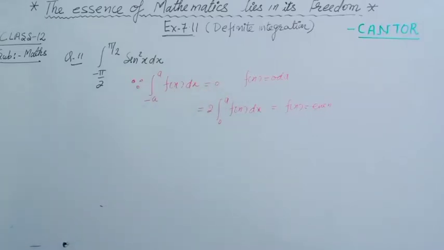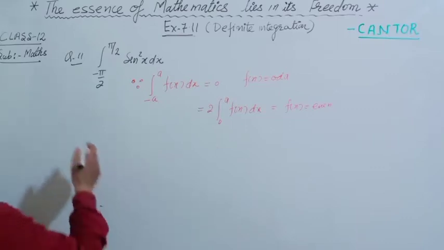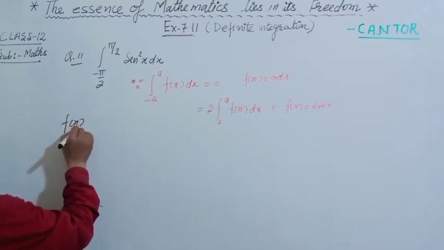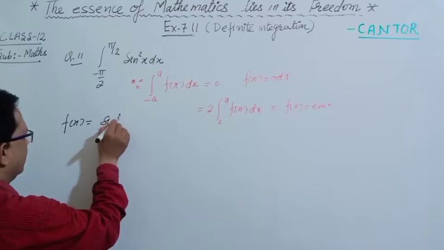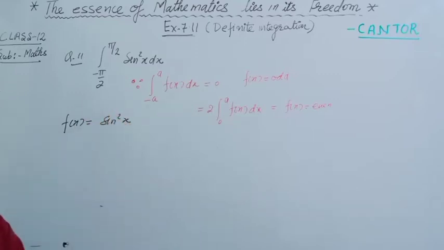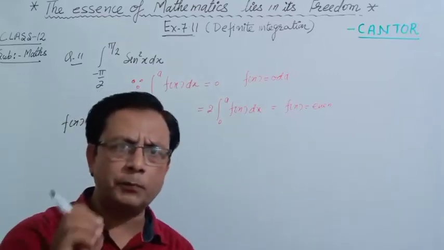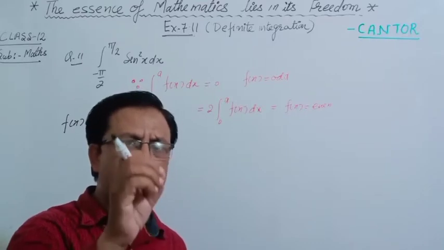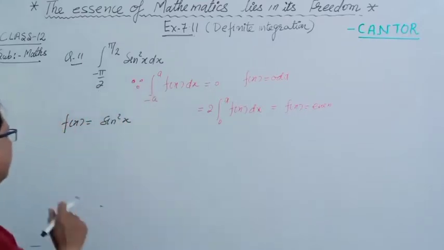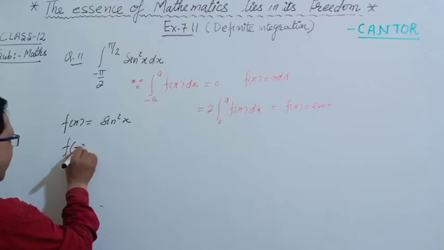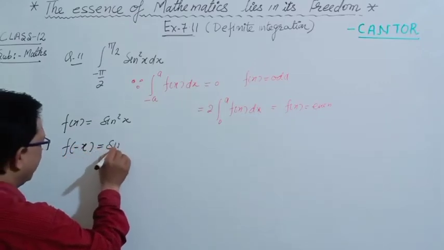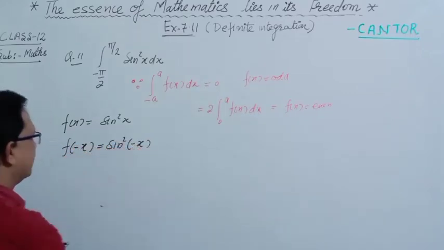Now let us see first what is the nature of the function. Here f(x) is equal to sine square x. For checking whether the function is even or odd, we put minus x in place of x and let us see what happens. If we put minus x in place of x, we get sine square minus x.